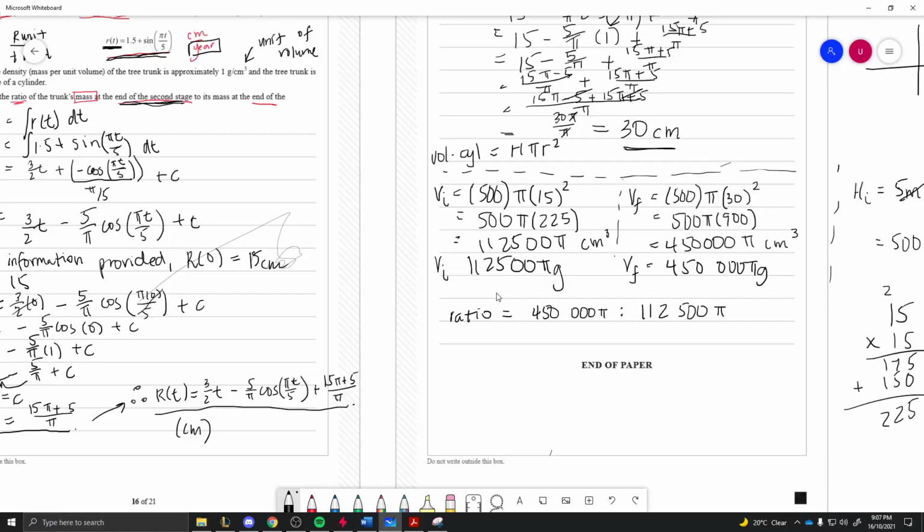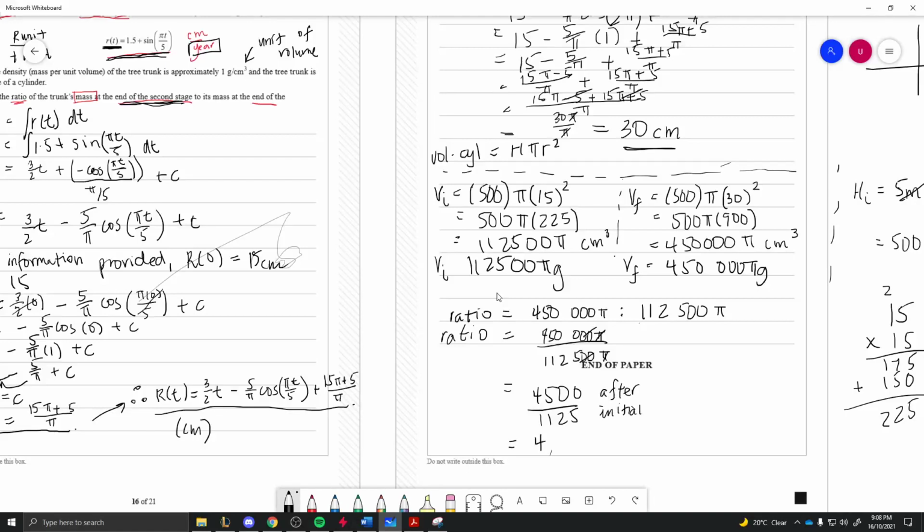If you want a single number for a ratio, you do this one divided by this one, so 450,000 pi divided by 112,500 pi. These cancel, so you end up with 450 over 1125, and this is equal to 4. So the after divided by the initial is equal to 4.